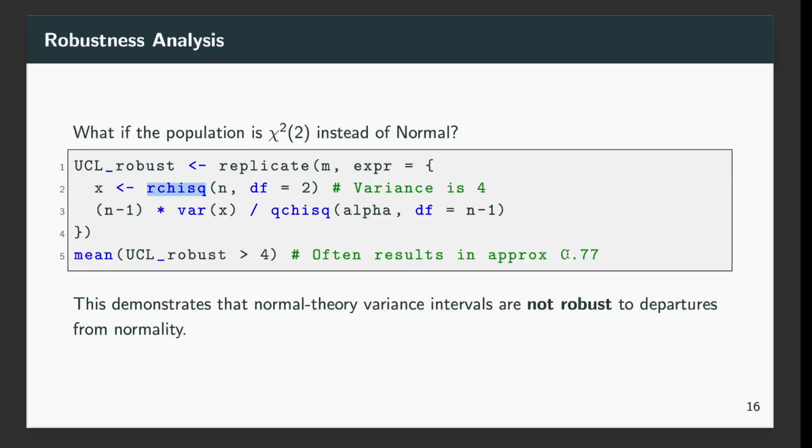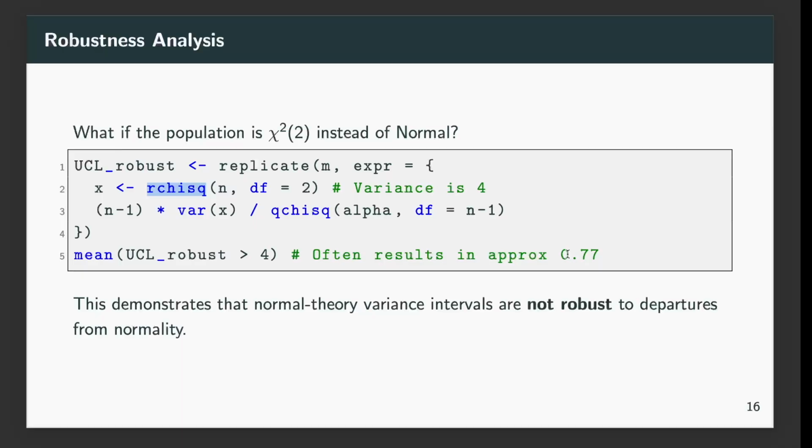So what is the key takeaway from here? The normal theory variance interval is not robust to departures from normality, and this is a very well-known result in the robustness literature. The variance estimators are much more sensitive to non-normality than the mean estimator. Let's take another example, the t interval for the mean.